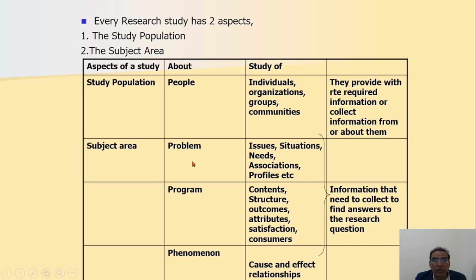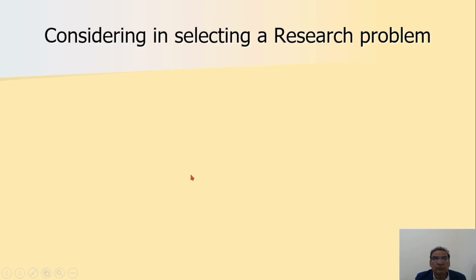Subject area: problem, issue, situation, need, association, profile, program, content, structure, outcome, attitude, satisfaction, consumer, information that needs to be collected to find the answer to the research, phenomena, cause-effect relation.